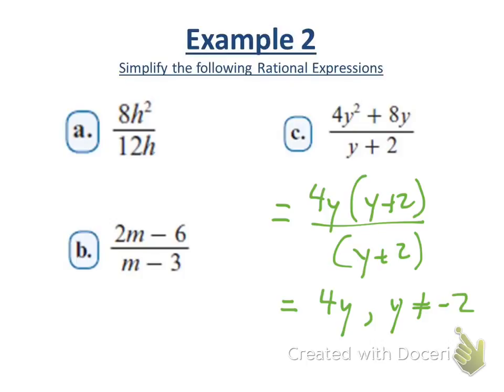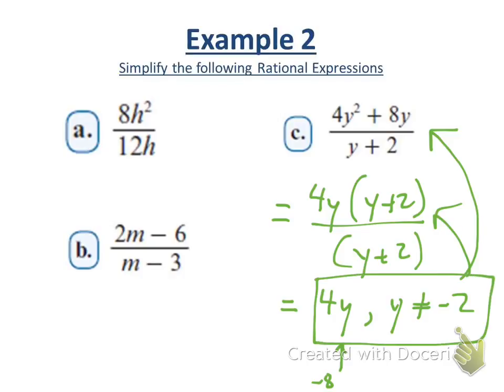Because if we put a negative 2 in there, what do we get? Negative 8. If I put negative 2 up here or up here, I get 0 over 0, not negative 8. So these things are only equal to each other as long as y is not equal to negative 2. Okay?